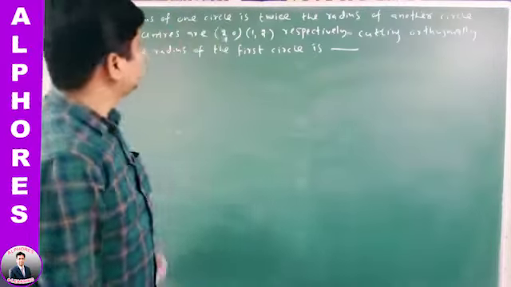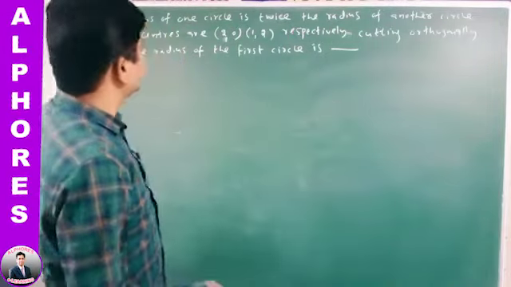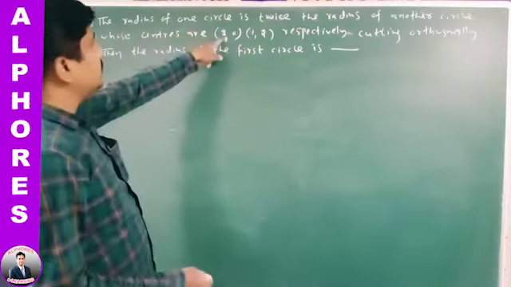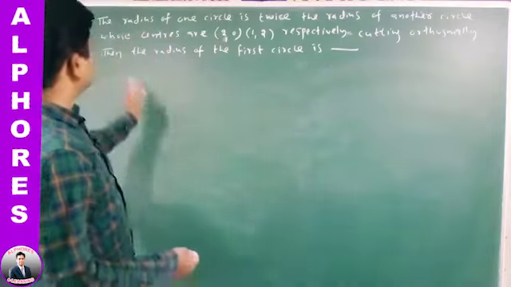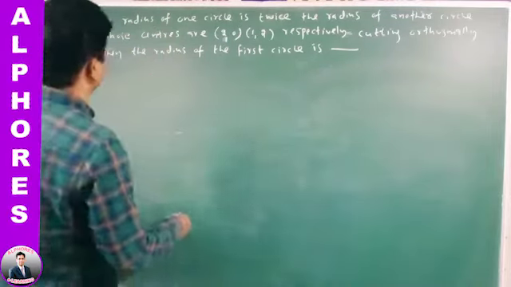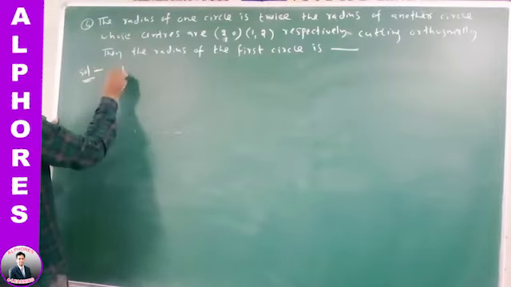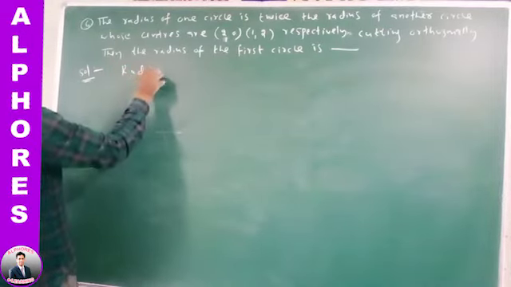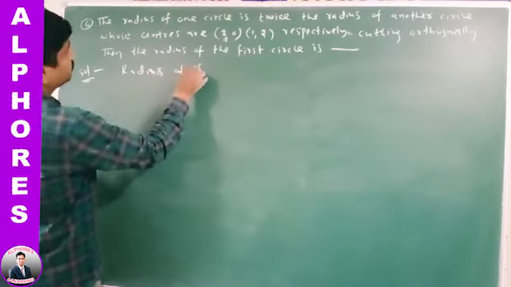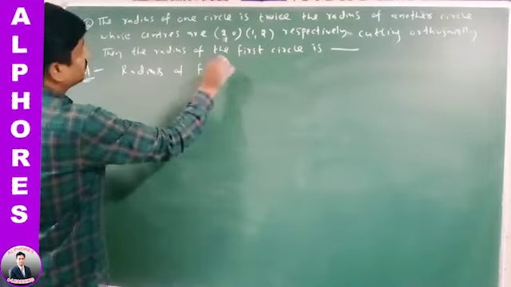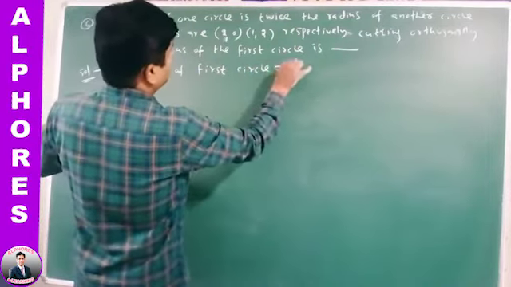Next problem. The radius of one circle is twice the radius of another circle whose centers are 2, 0, 1, 2 respectively, cutting orthogonally. Then the radius of the first circle is. Radius of first circle equal to 2r.